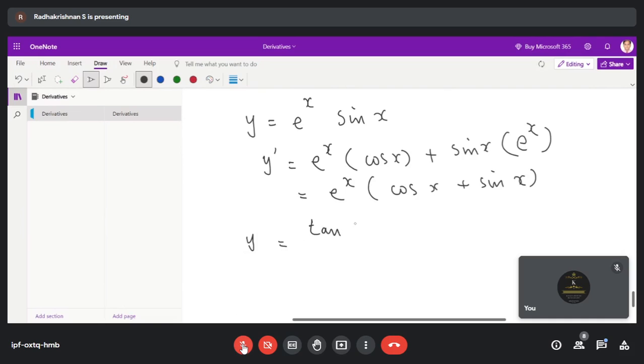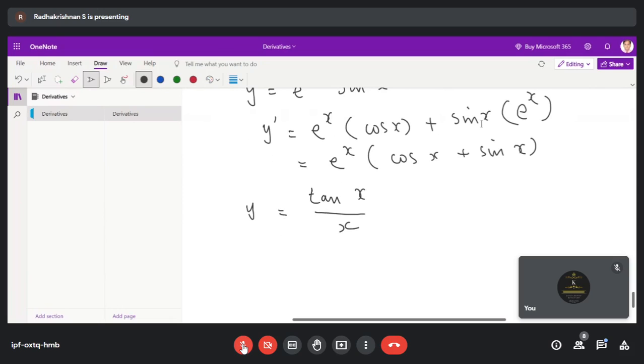Okay, let's do one more. Tan x divided by x. x secant square x minus tan x divided by x square. x into secant square x minus tan x into 1, right?